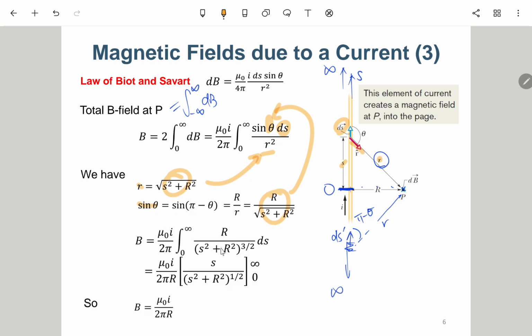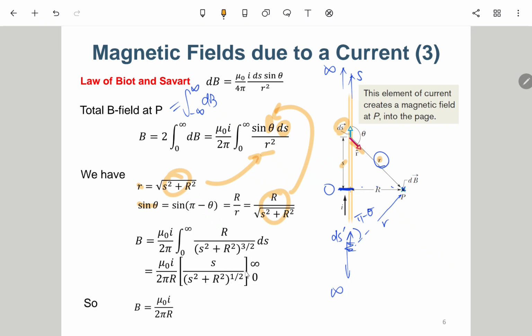So we have R over a square root, and altogether we have a 1.5 power for this expression.